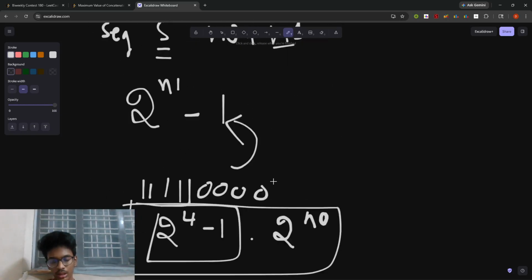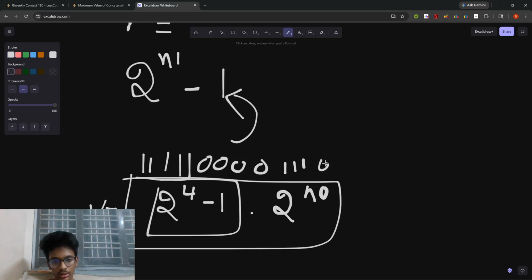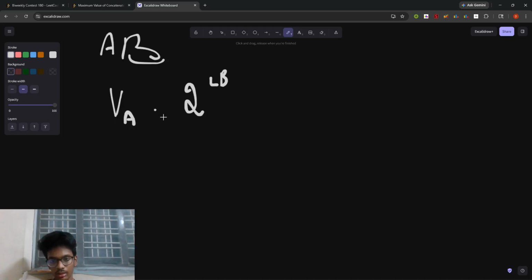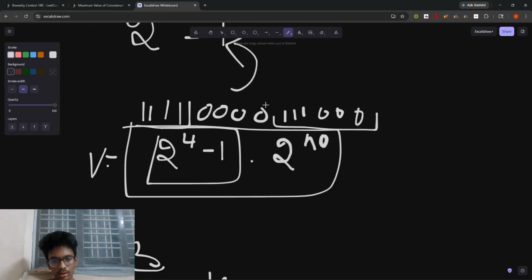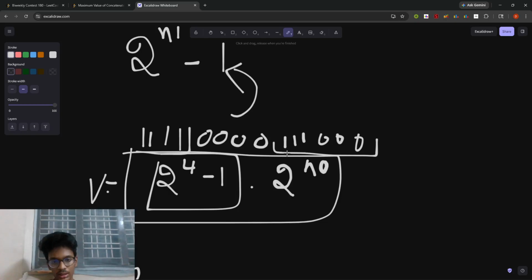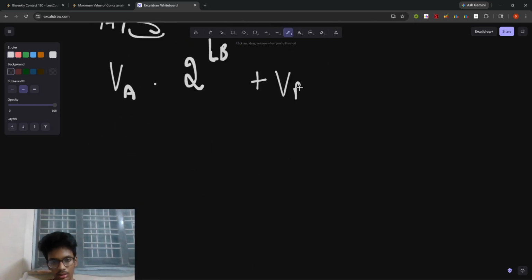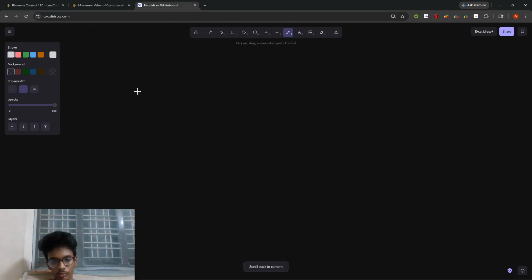If this was the existing number and you write some more digits after it, you are shifting it left again by 2 power LB. So the value of A into 2 power LB plus whatever the value of B is, it's getting added. Can I say this is the formula for the value of AB?